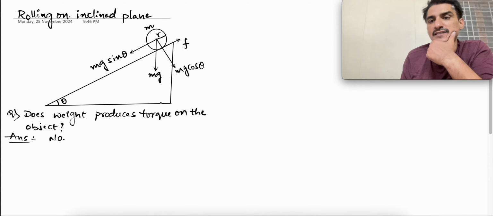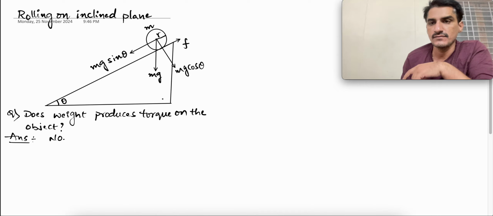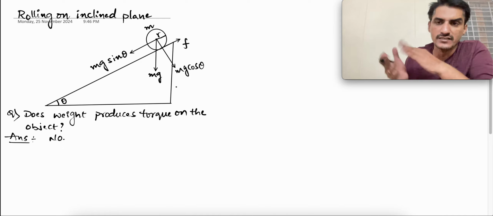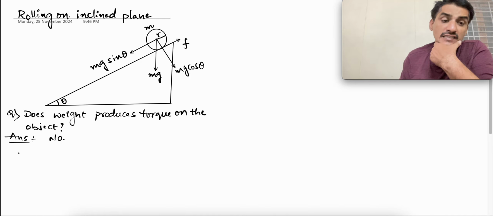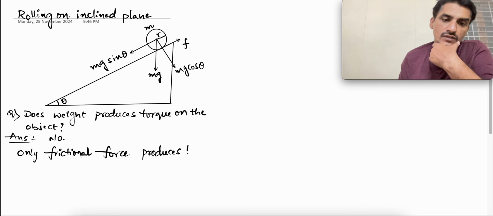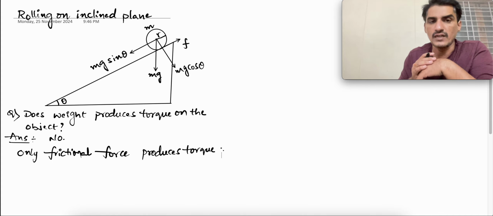Because weight is passing through the axis of rotation, that's why it does not produce any torque on it. Then which one produces the torque, which one rotates the object? The answer is only frictional force. Only frictional force produces torque on it.